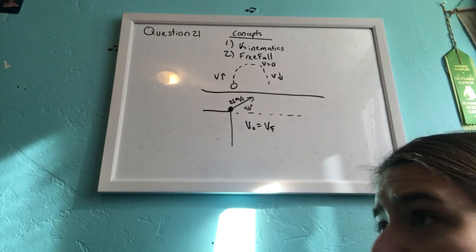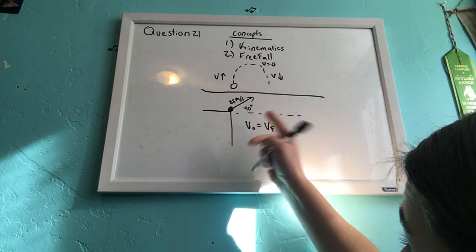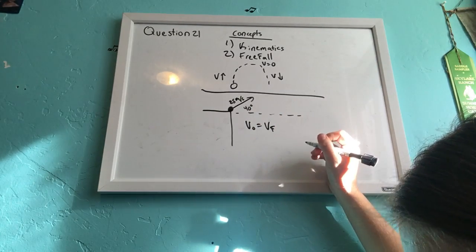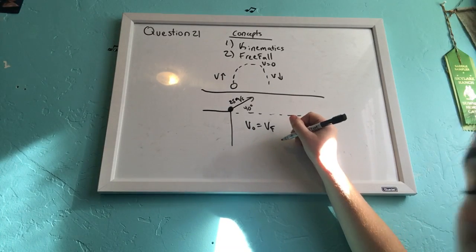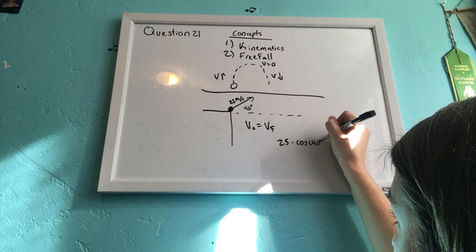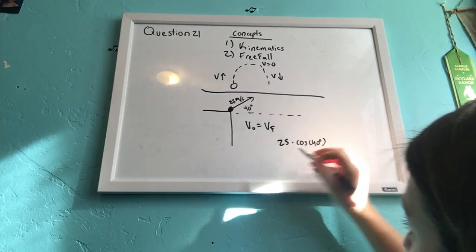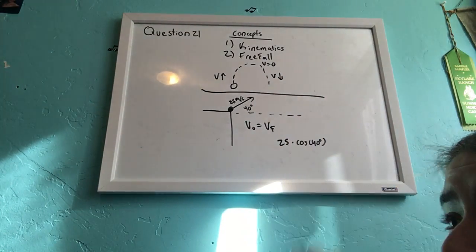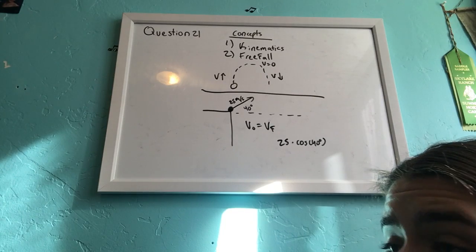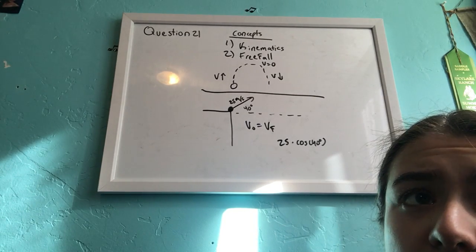So we just need to find the initial horizontal velocity, and that will give us the velocity at the top. To do this, we're just going to do 25 times cosine of 40 degrees, because adjacent over hypotenuse. That will give us the initial horizontal velocity, and that will be the velocity at the top, because there's only horizontal movement at the top.